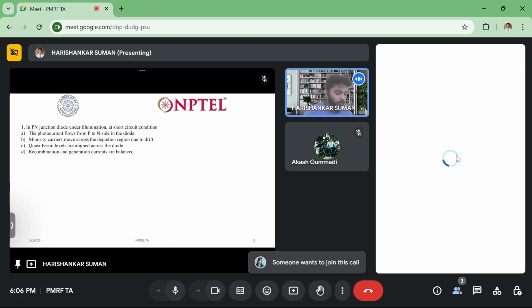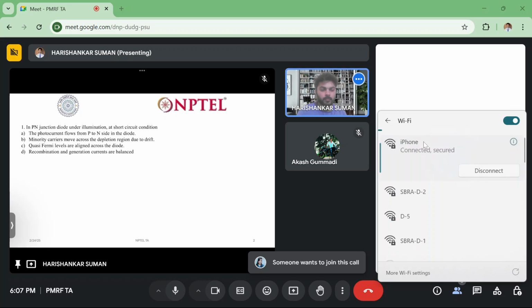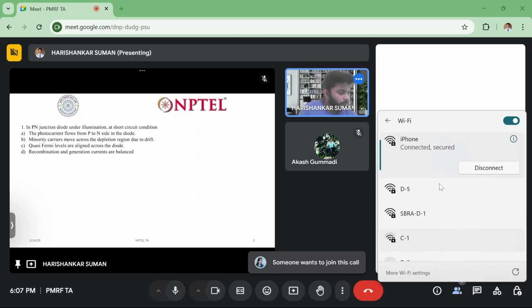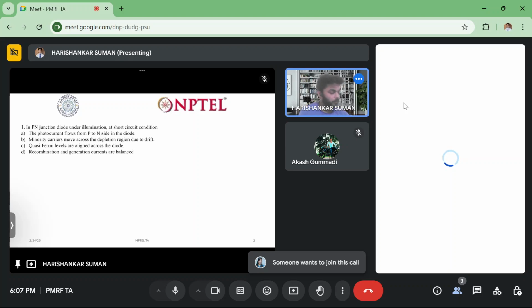PN junction diode under illumination at short circuit condition. So which option is correct?